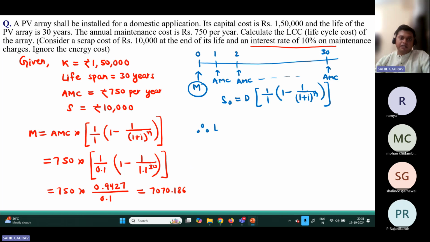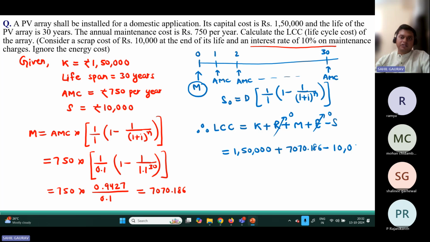In this problem, they are asking for the LCC. LCC is K plus R plus M plus E minus S. So R is 0, E is 0, K is 1,50,000 and M is 7,070.